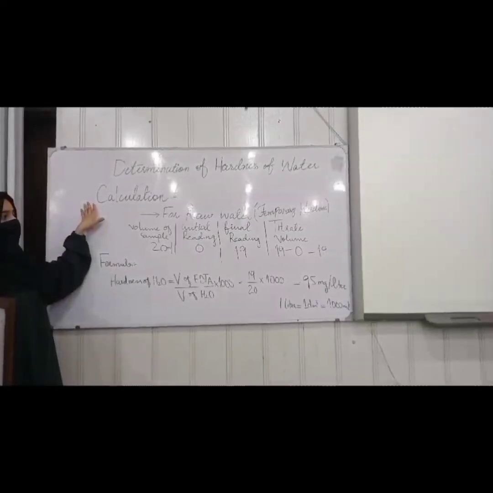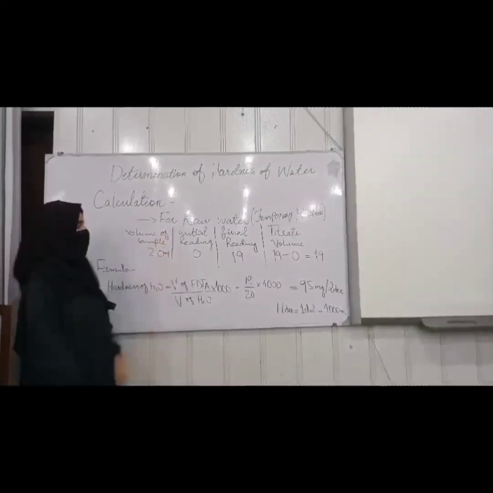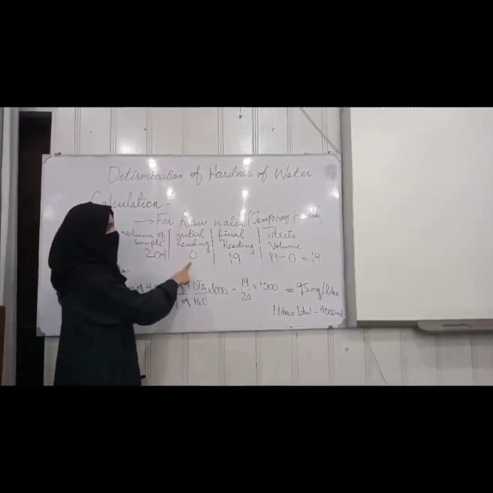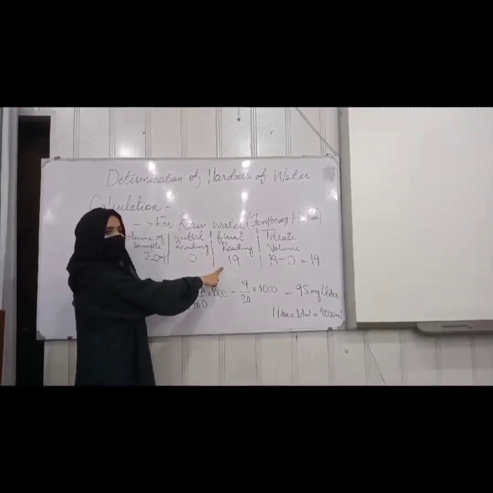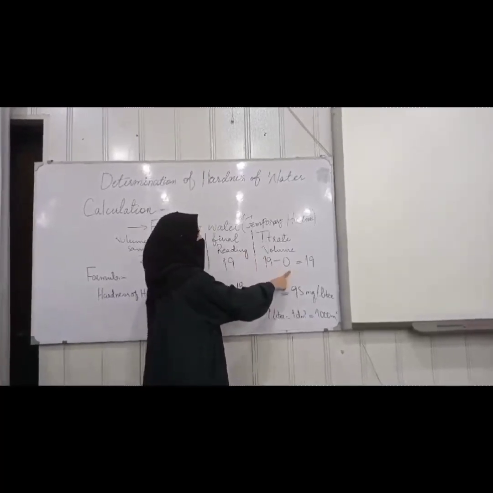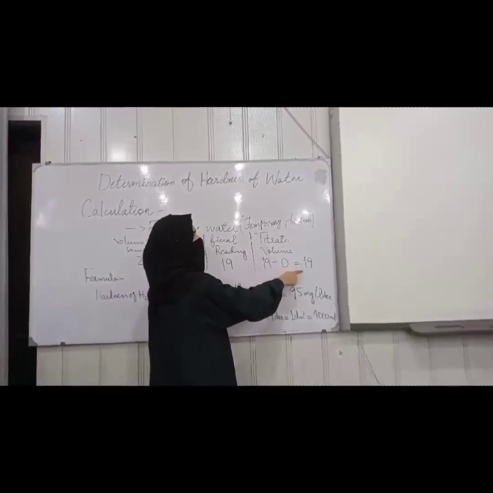Calculation for the determination of temporary hardness in water. Volume of sample is 20 ml. Initial reading is 0 and the final reading is 19. The titrate volume, final reading minus initial reading, is equal to 19.